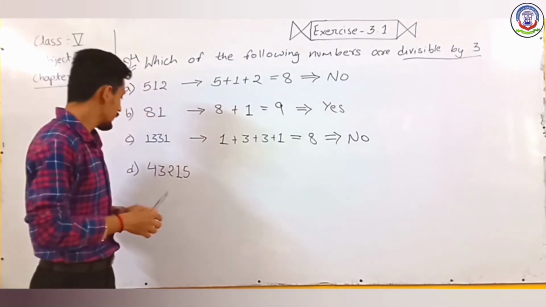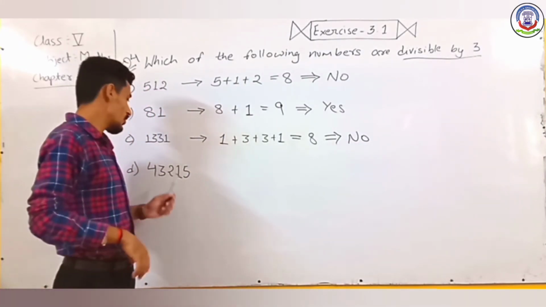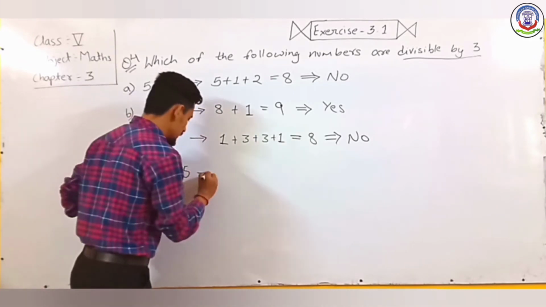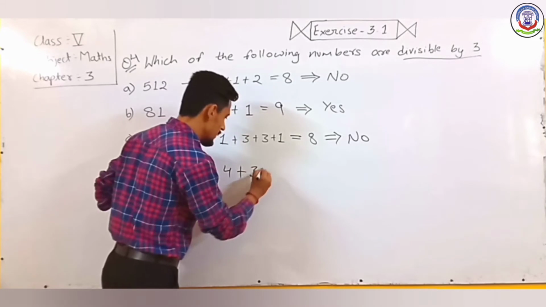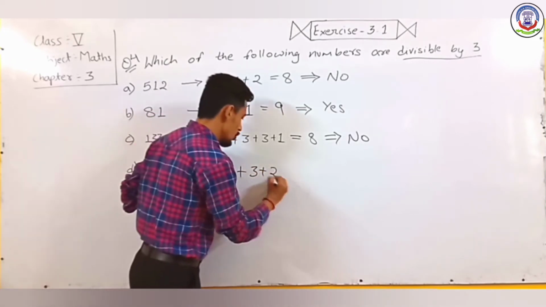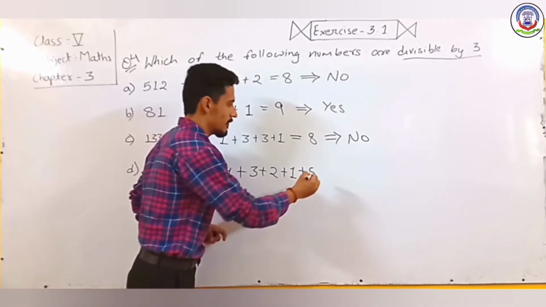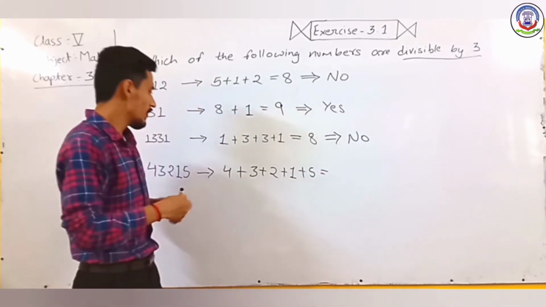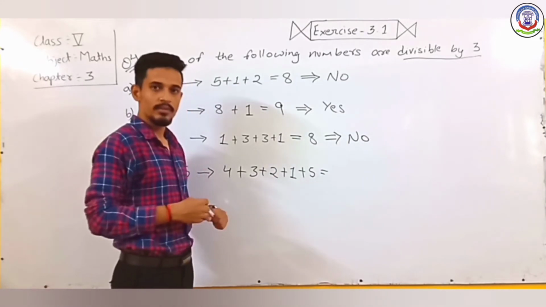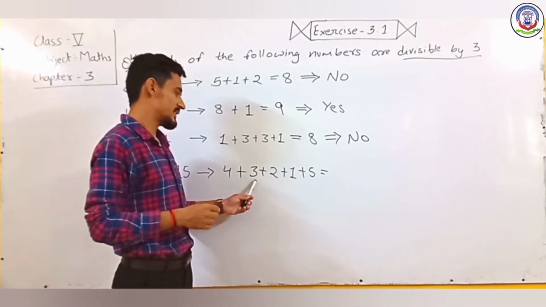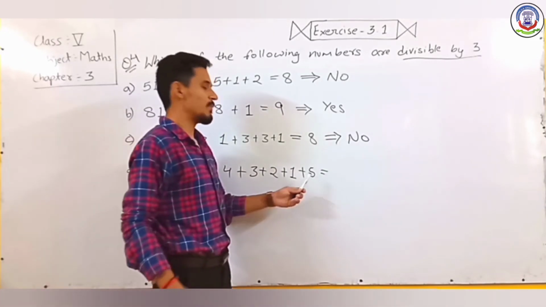Next we have 43,215. So when we add these digits 4 plus 3 plus 2 plus 1 plus 5, so 4 plus 3 is 7, 7 plus 2 is 9, 9 plus 1 is 10, 10 plus 5 is 15.